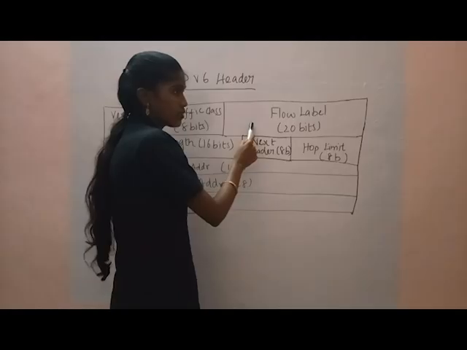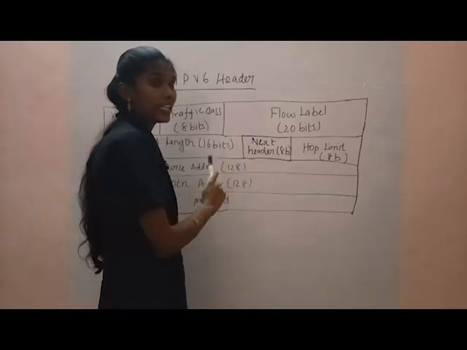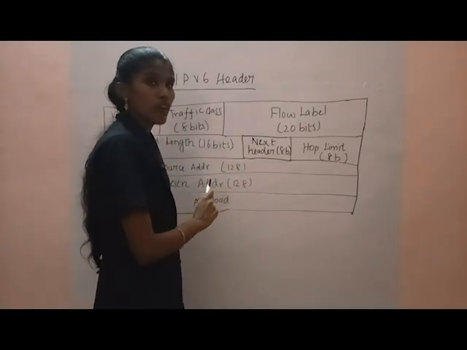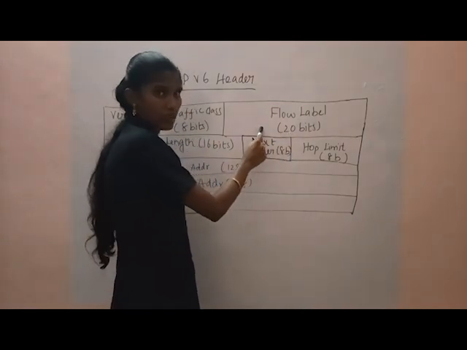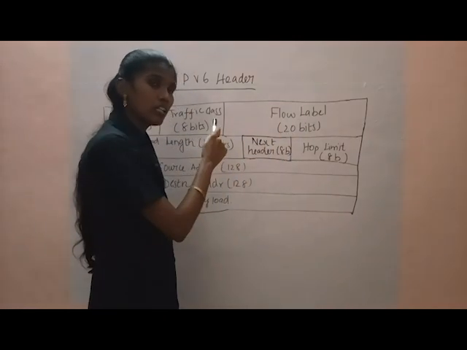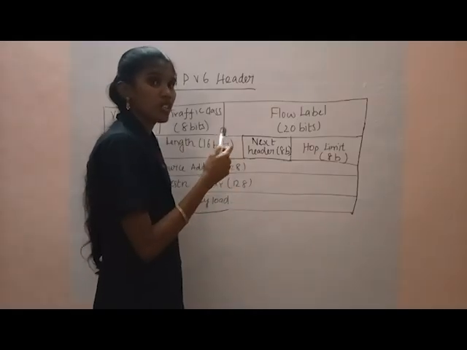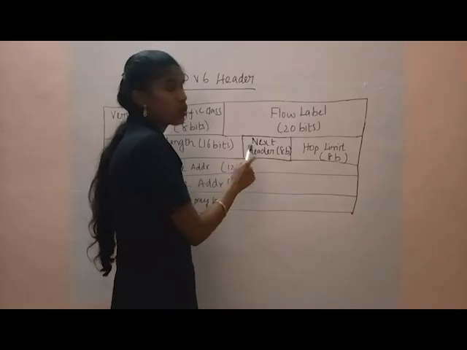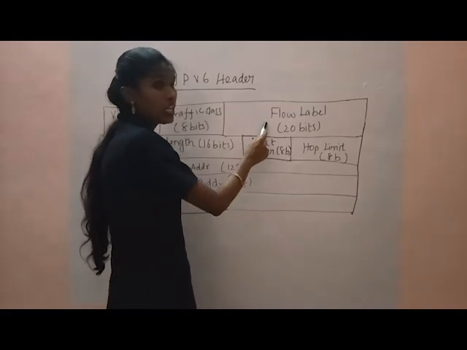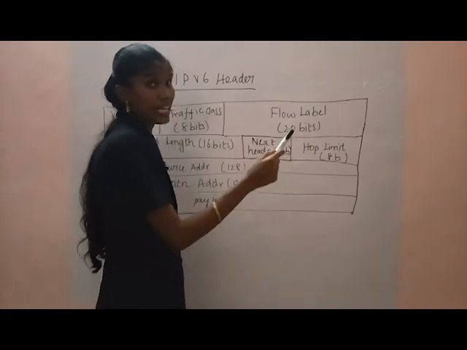Flow in the sense this is for flow control, and here all the packets are sent through one flow, and for that we will have a label. So that information will be available. So a number of packets available for that flow, and what is the number of this packet in that flow, all the informations are available here. And we'll come to that flow topic in the next class.